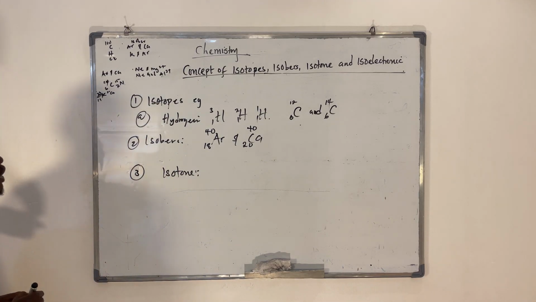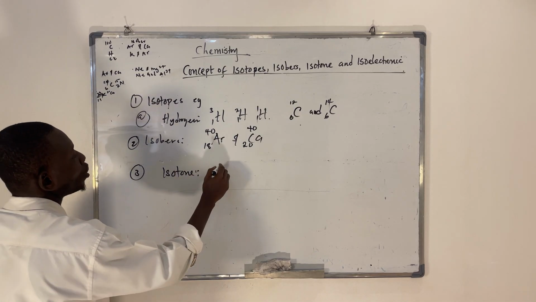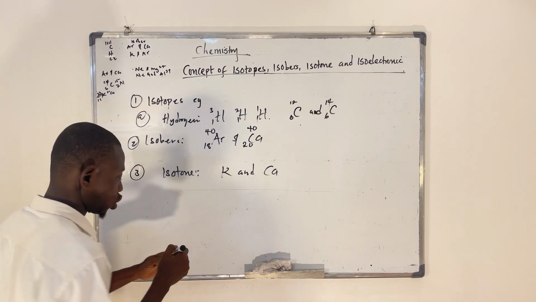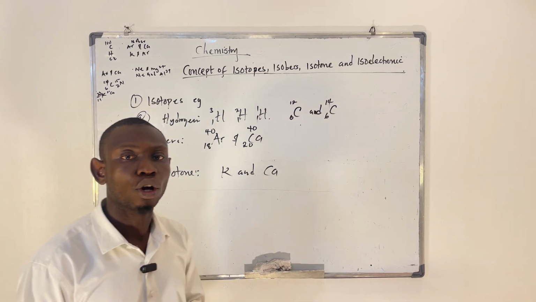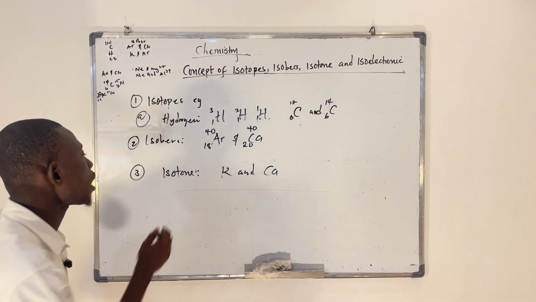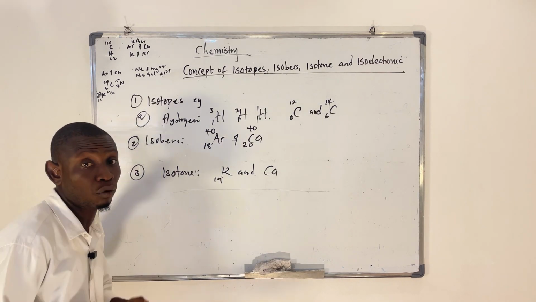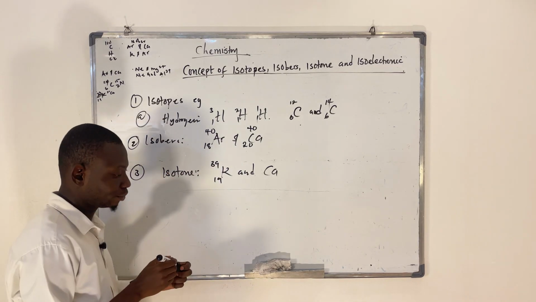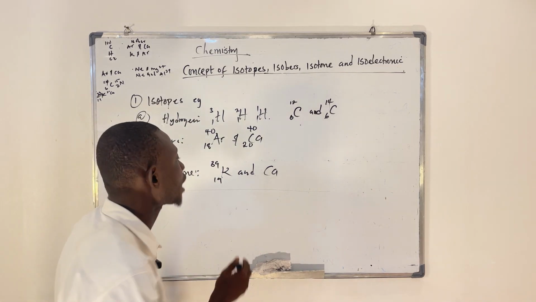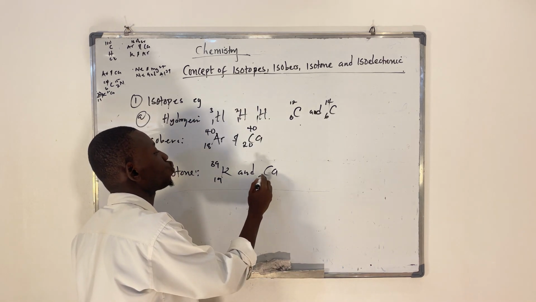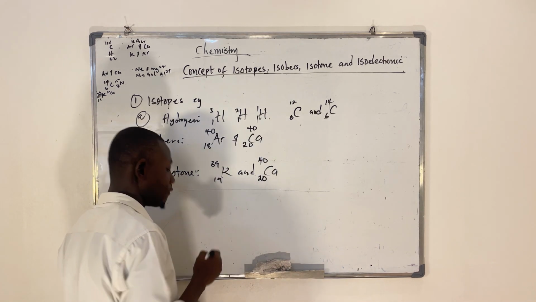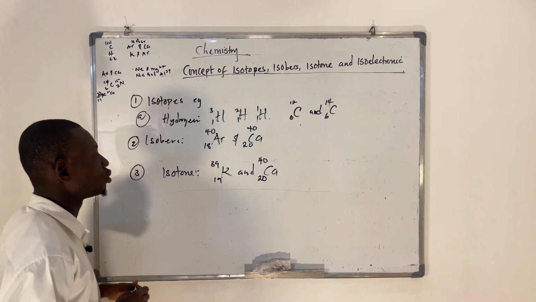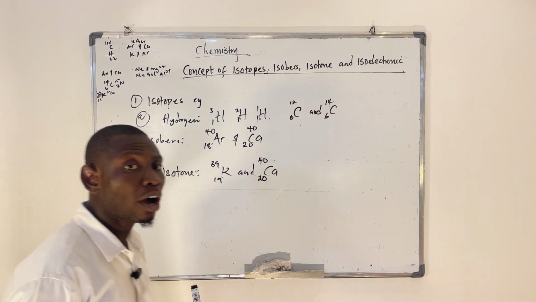An example of isotone is potassium and calcium. Potassium has an atomic number of 19, or the number of protons is 19, while the mass number is 39. Now, looking at calcium, calcium has an atomic number of 20, and the mass number is 40. Now, let's calculate the number of neutrons.